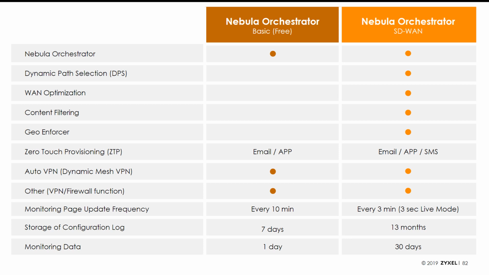For example, dynamic path selection or WAN optimization, which we demonstrated earlier in this presentation, on how it improves the throughput, how it improves the reliability for your client, and how the user experience is seamless so that they feel like they're getting always-on connectivity, despite the fact that maybe things are going wrong in the background, like the line is degrading.